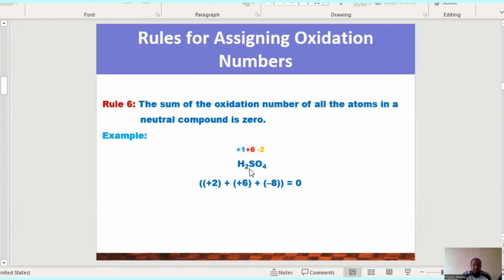Then add all the oxidation states: 2 times positive 1 is positive 2, 1 times positive 6 is positive 6, plus 4 times negative 2 is negative 8. Adding 2 plus 6 is 8, minus 8 equals 0. This implies the sum of the oxidation numbers of all the atoms in a neutral compound is 0. A neutral compound means a compound with no charge, or chargeless.